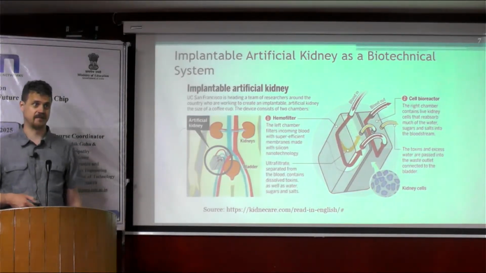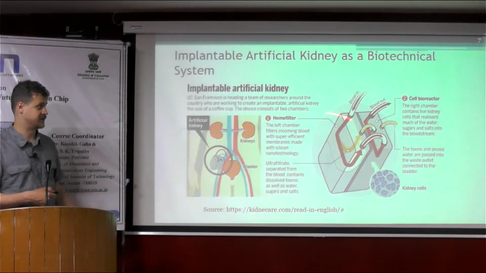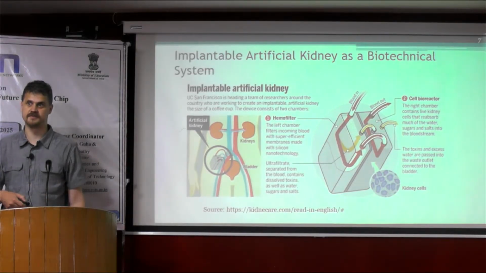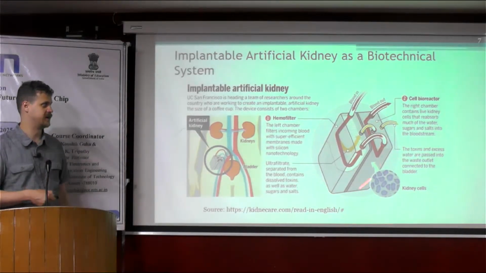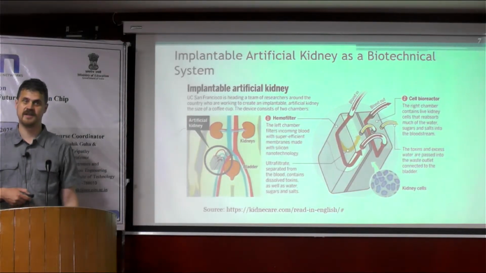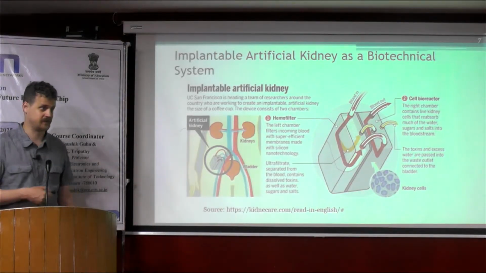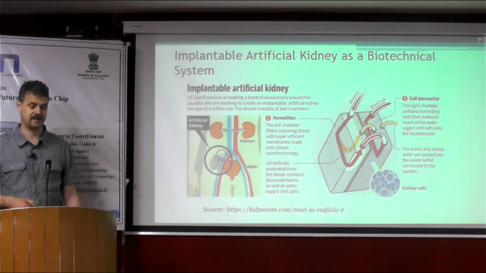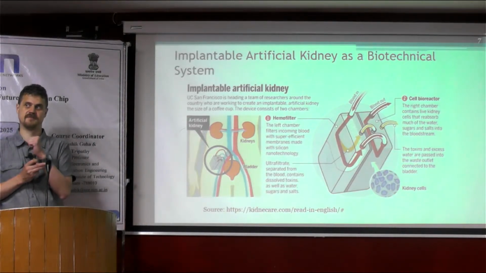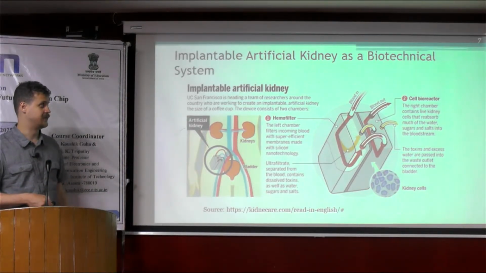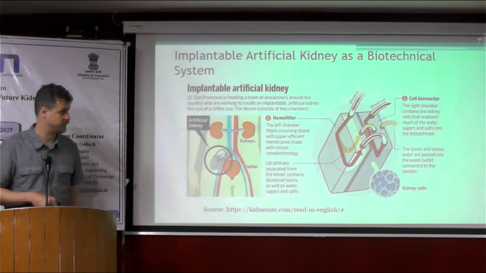Just like I said, we need to maintain control over the microfluidic system to make sure that it operates properly, that we acquire a proper blood filtration rate, so we can remove enough excess water from the human organism, and that we provide proper clearance of specific uremic toxins like urea and creatinine. Overall, we need to make sure that there is no leakage of blood within the microfluidic system.